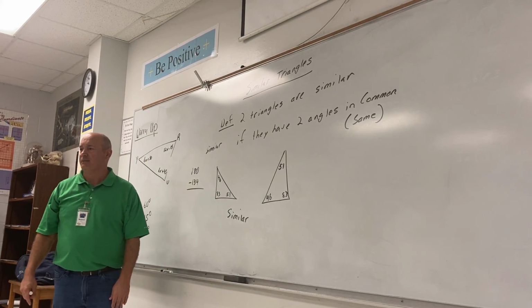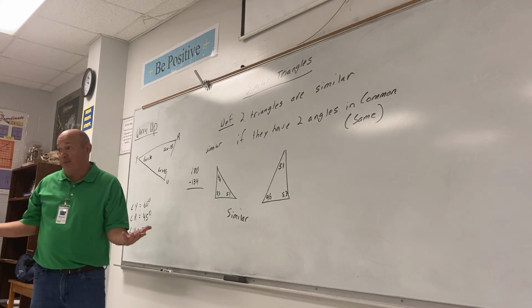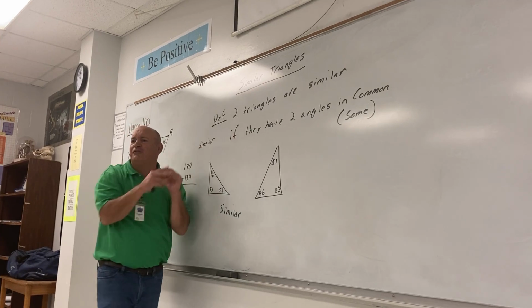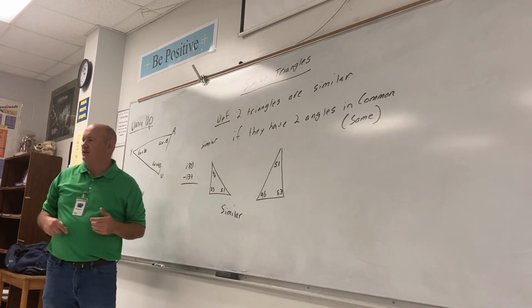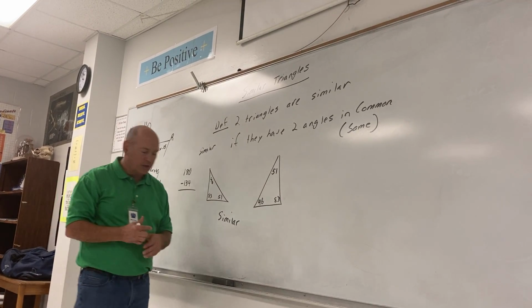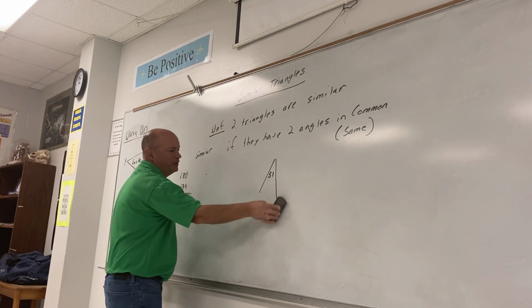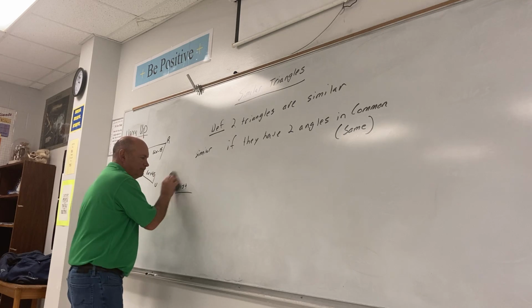Does that make sense? Okay. Because all of them add up to 180. So the baseline is we got to have two angles that are exactly the same. Questions? All right. So we can tell if triangles are similar by that simple definition right there.